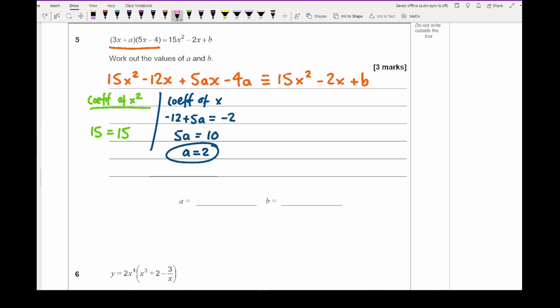And then if we look at the constants, we've got minus 4a on the left hand side, and we've got b on this side. Now we know that a equals 2, so that's going to be minus 8 equals b, and there is our answer. So a is 2 and b is minus 8.